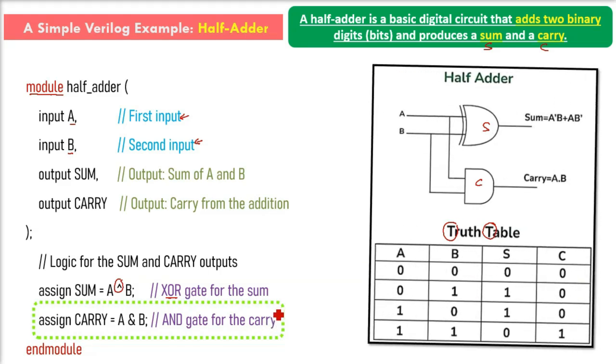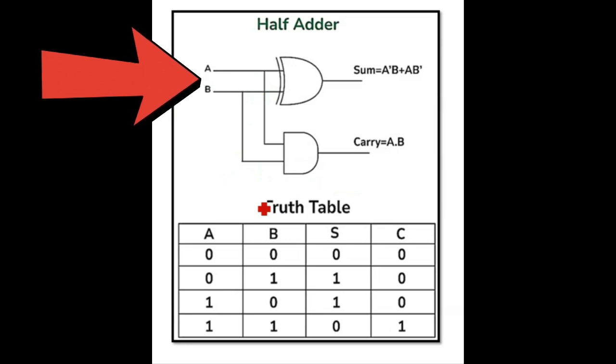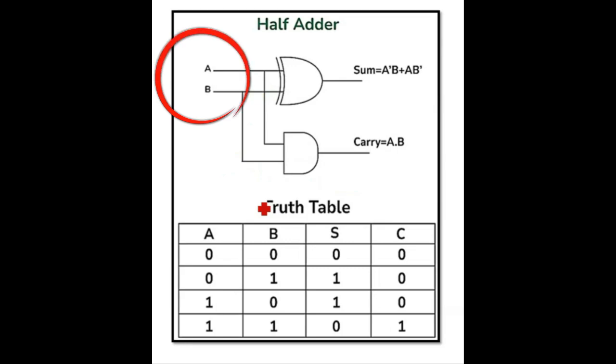And then comes the hardware representation. This code corresponds to a circuit with an XOR gate and an AND gate connected to the inputs A and B.